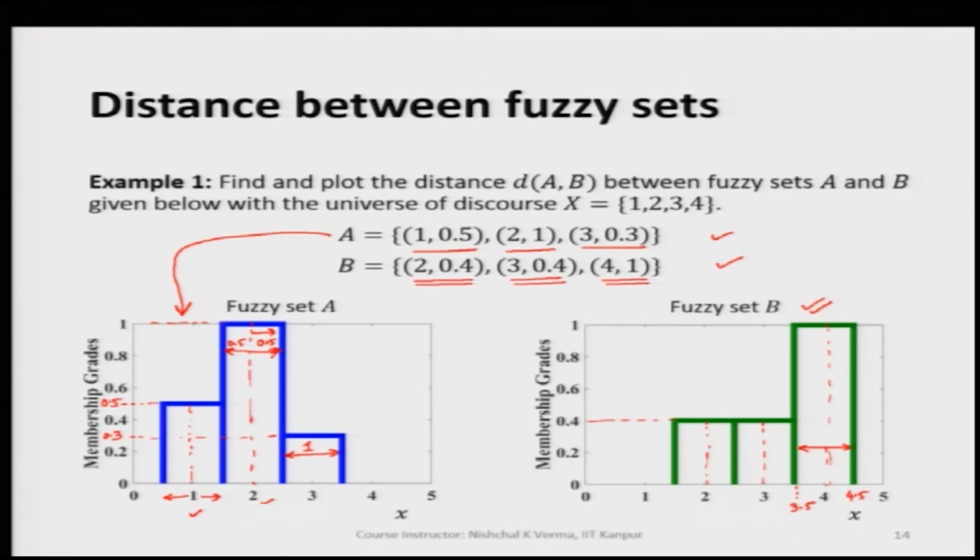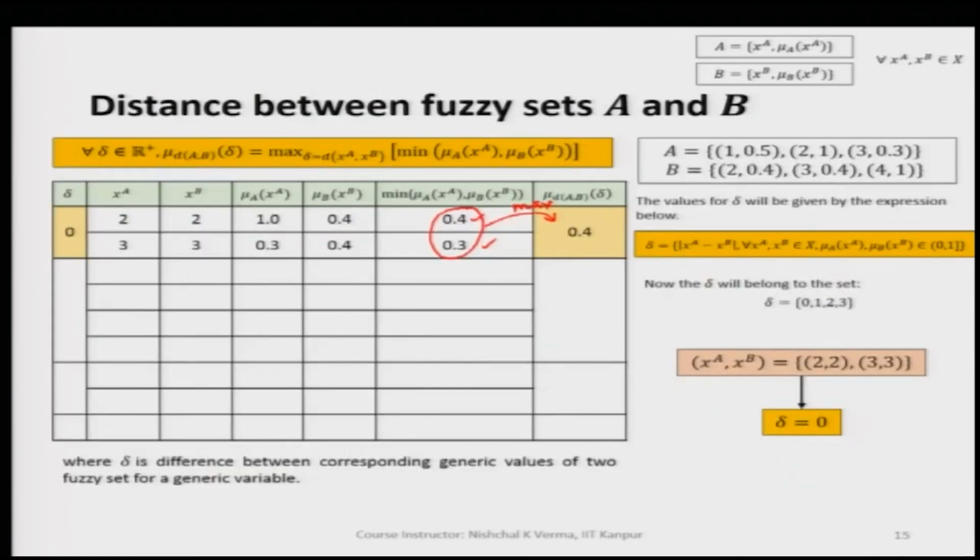If we look at the fuzzy sets that we have taken, these were two discrete fuzzy sets A and B, and this is how we had plotted them.